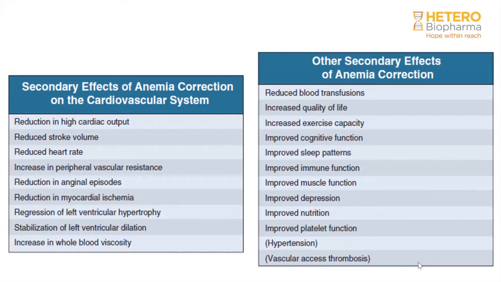Other than its effect on the heart and blood pressure, it also reduces the quality of life, sleep, cognitive function, and in fact the sexual function. You become extremely fatigued. So these are some of the non-cardiac effects of anemia.